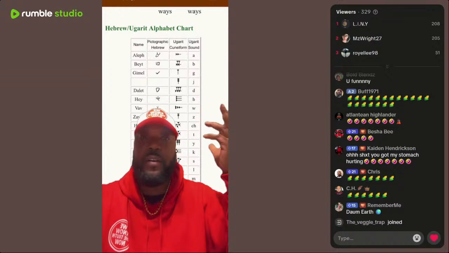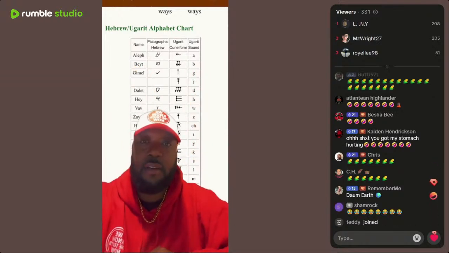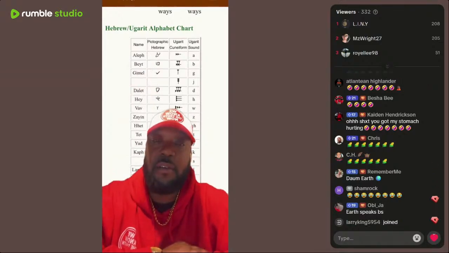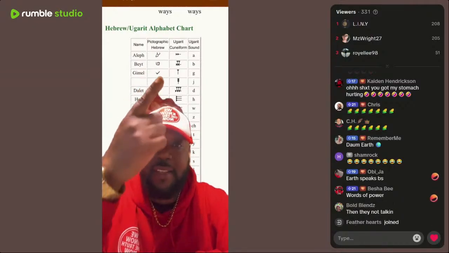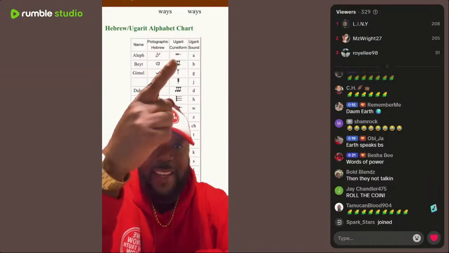I just gotta keep it real. I'm showing y'all the basis of the language. If you're not putting this basis in the language, bro. See, some of you don't even believe this language exists. They don't even believe this language exists, bro. This is where they got this from.